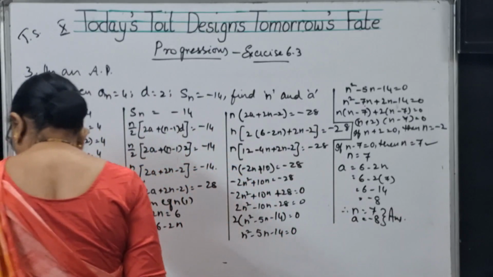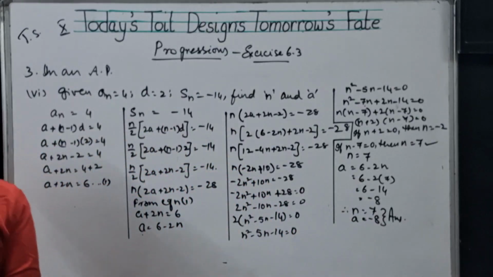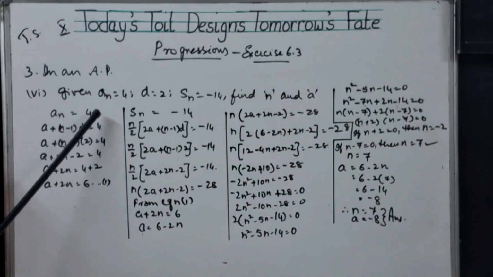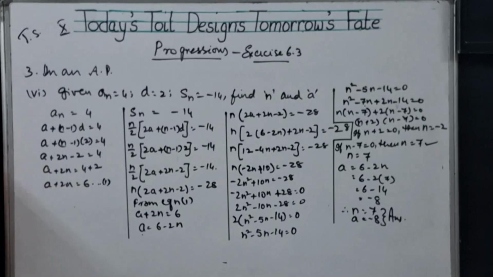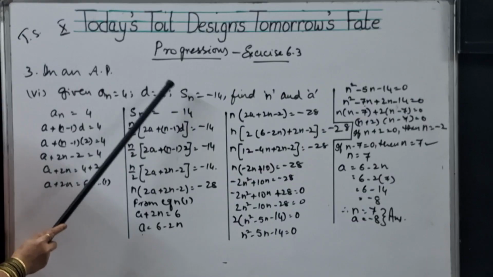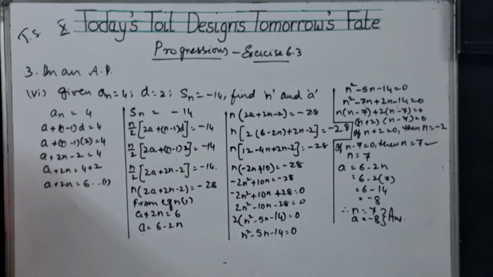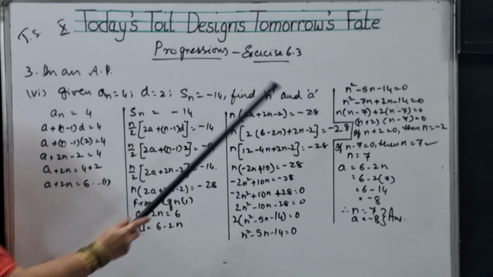So let me explain once again how this problem has to be done. What they have given: an is 4, and d value is 2. Now we need to find out, even Sn is given as minus 14. We need to find out n and a.